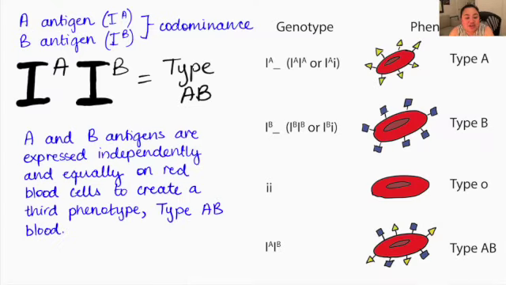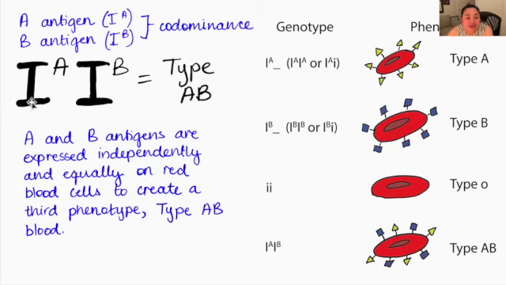Here's a human example of codominance in human blood types. Human red blood cells have these things called antigens presenting on the surface of our red blood cells. And these are protein markers that signal to other cells in our bodies, like white blood cells. In the human ABO blood group system, the IA and IB alleles are codominant to each other.